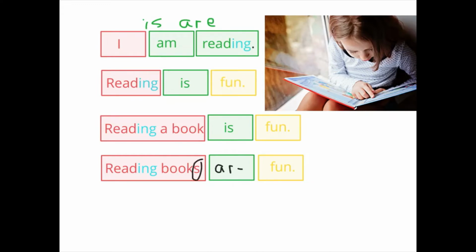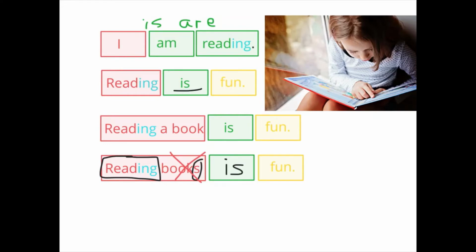Maybe this should be are, except books is not the subject. So we have to say, what is the subject? The subject is reading, the act of reading, and that goes with a singular verb. Singular verbs end in S, like is.